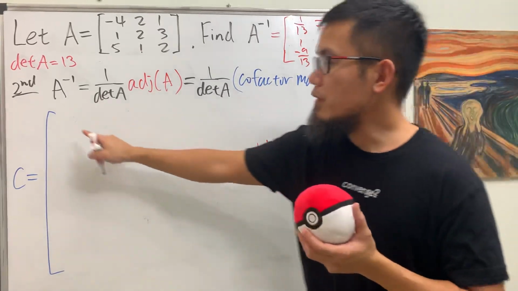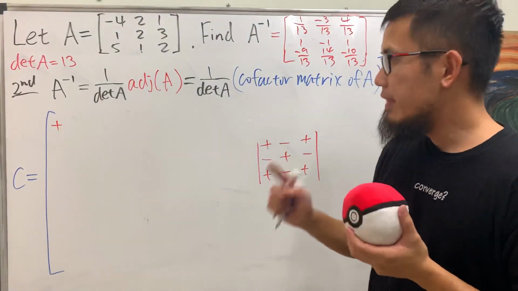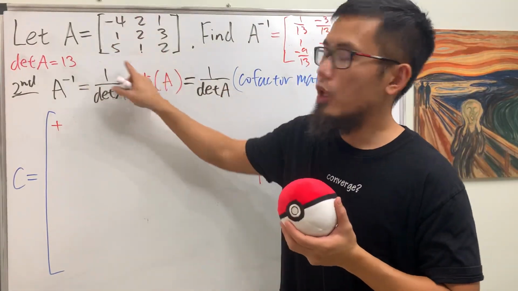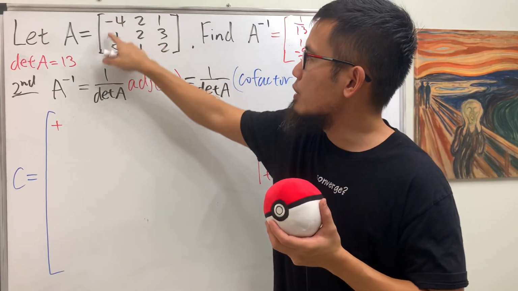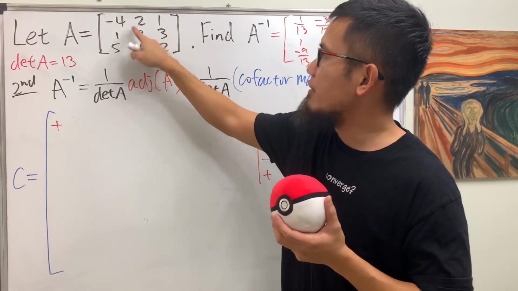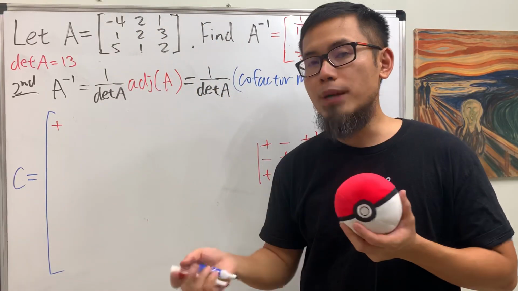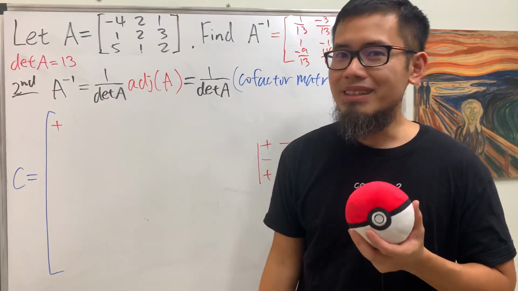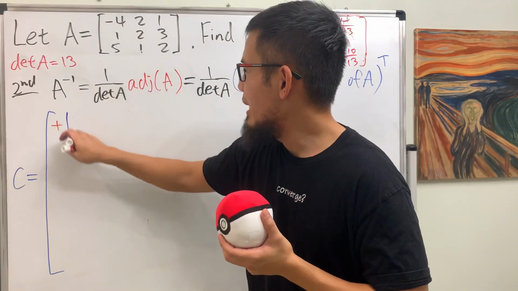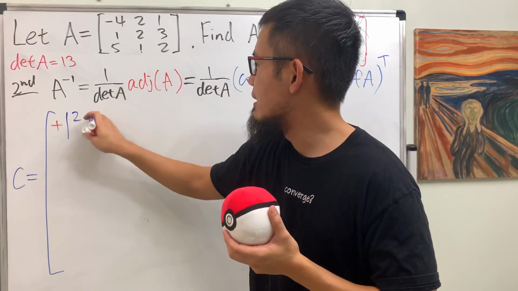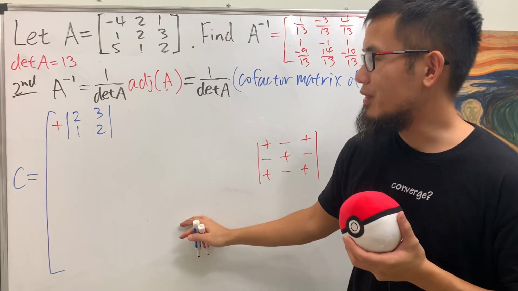So for the first entry right here, we have the positive sign, and then you go back to the original matrix, delete the first row and also the first column, and then you have the remaining part, this right here. You put that into a 2 by 2 matrix and compute the determinant of that. So we have 2, 3, 1, 2. So that's the first entry over there.